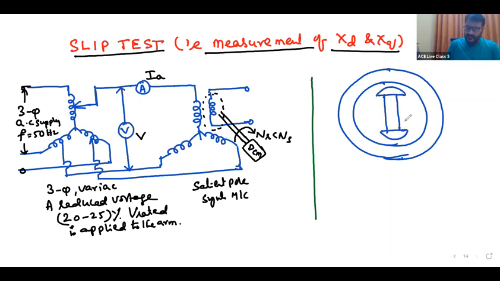Actually, there I have drawn the diagram. Here, the field winding is open circuited, of course. No DC excitation is given, simply open circuited. But we are supplying reduced voltage from the three-phase variac.